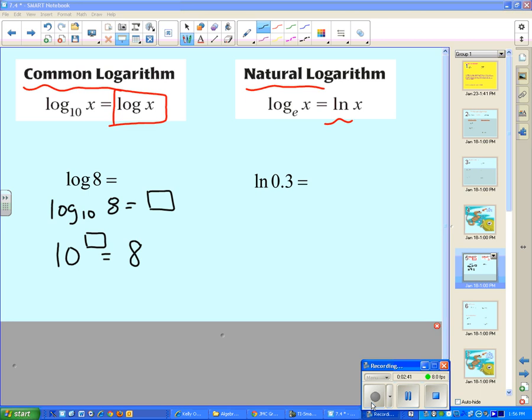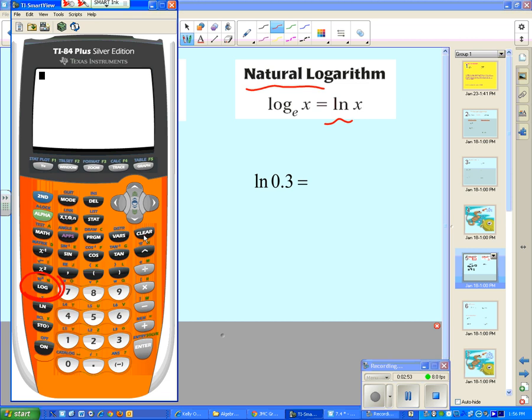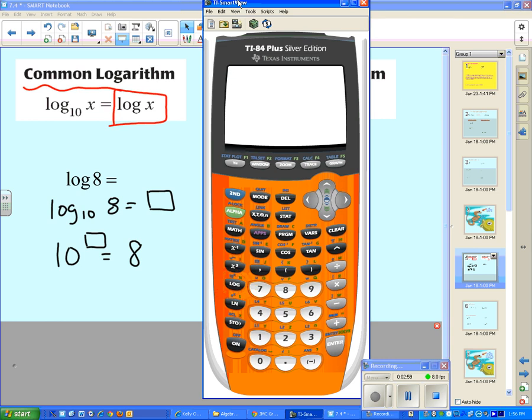Okay, so let's check it out. Grab your calculator and find log on your calculator, which is right here. You're going to plug in log 8. You don't need to worry about that 10 at all. If you just do log 8, it's assuming base 10.